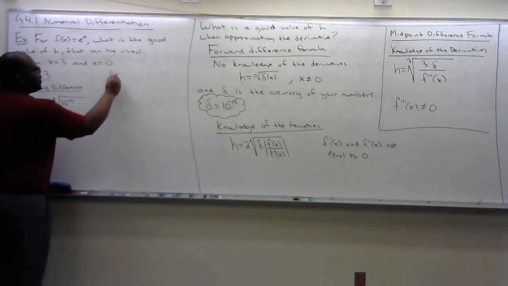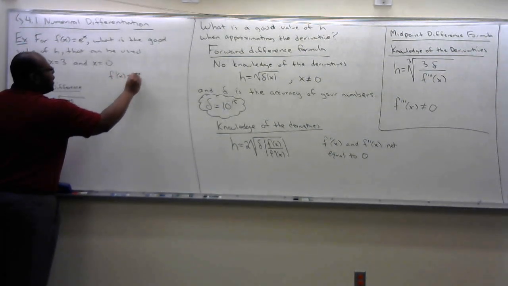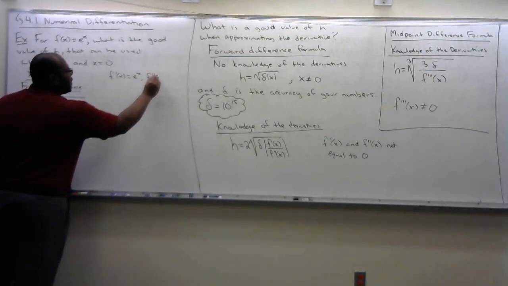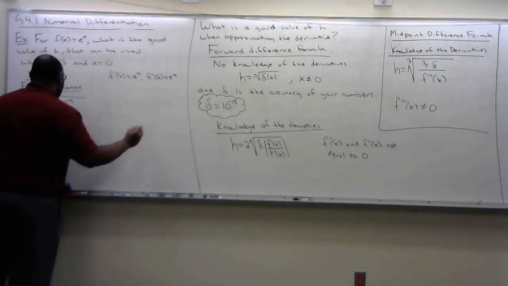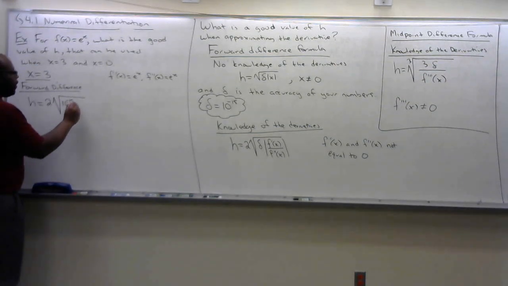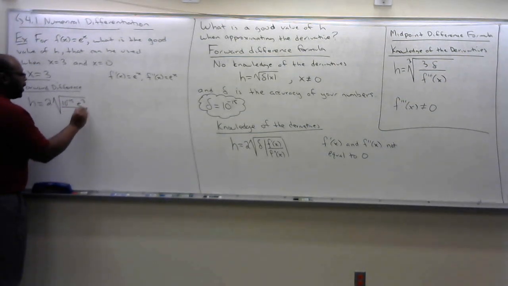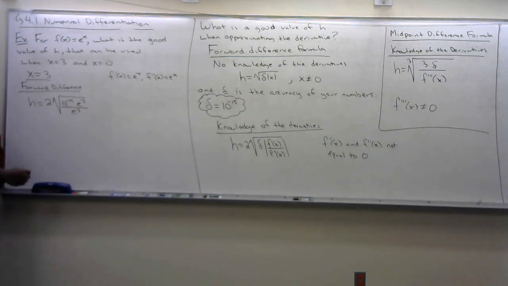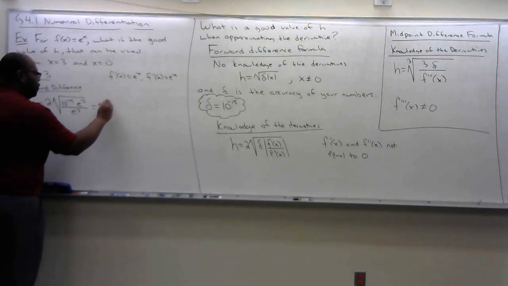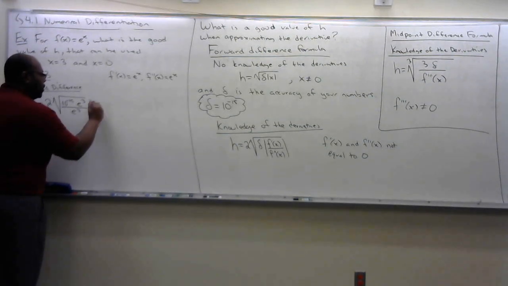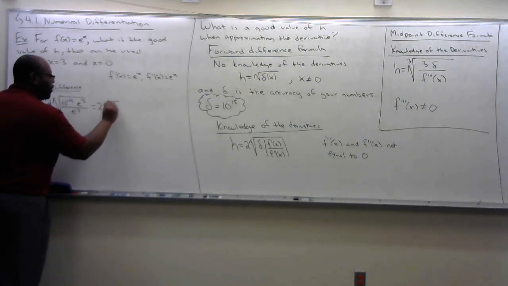So f prime of x is equal to e to the x, and f double prime of x is equal to e to the x. I'm going to plug in my value of x, so I have e to the 3 divided by e to the 3. The nice thing about this is that they're going to cancel out, right? So it's square root of 2 times square root of 10 to the negative 15.